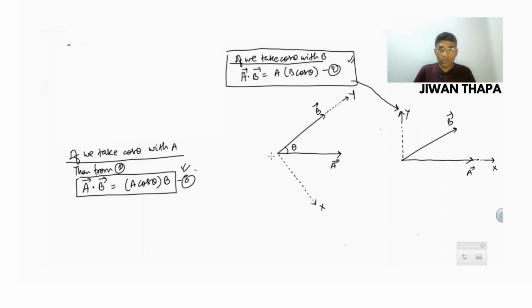Now this is the origin. So we find the tail of both vectors is at the origin. Now this is the head.